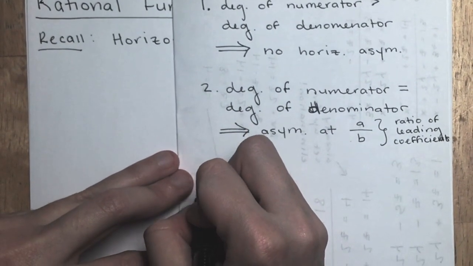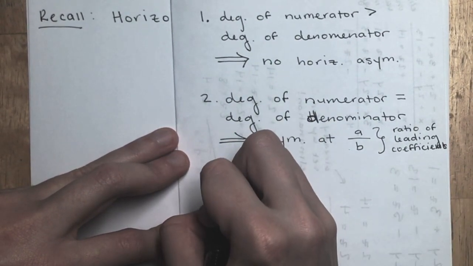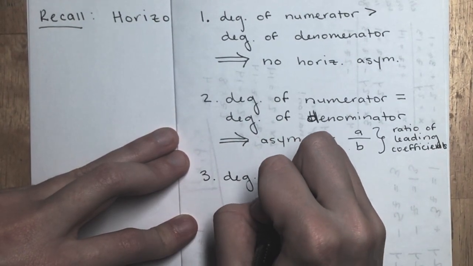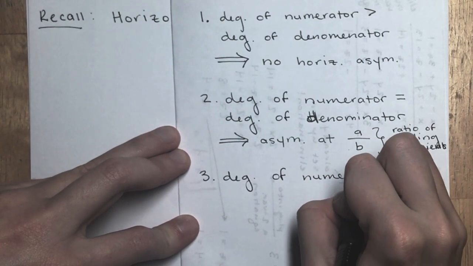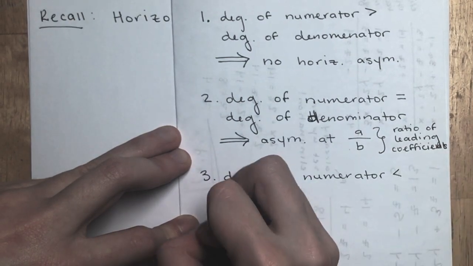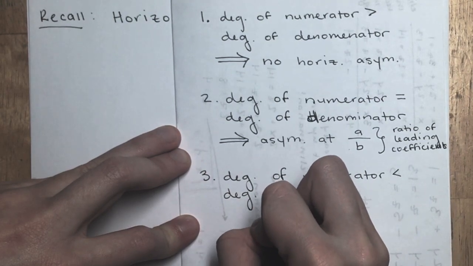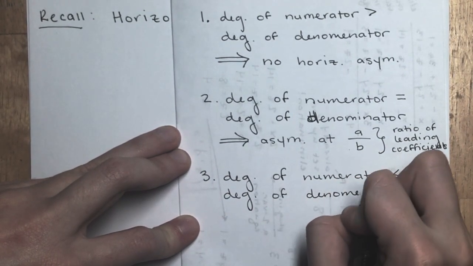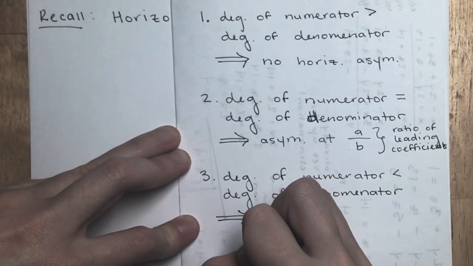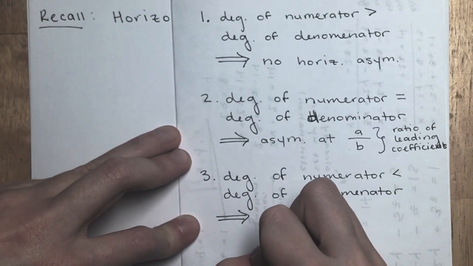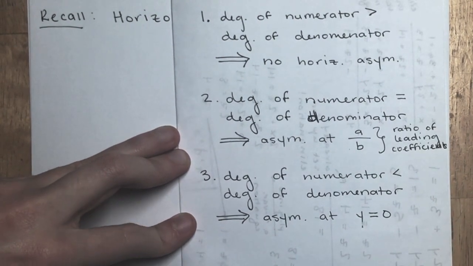And then the third rule was that if the degree of the numerator was smaller than the degree of the denominator, then we had an asymptote at y equals 0.